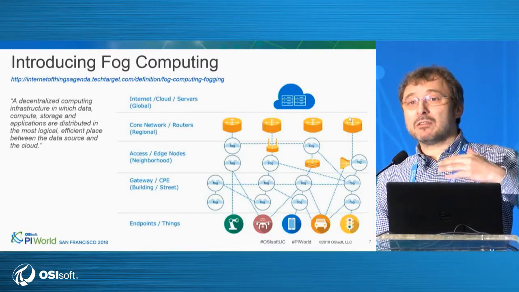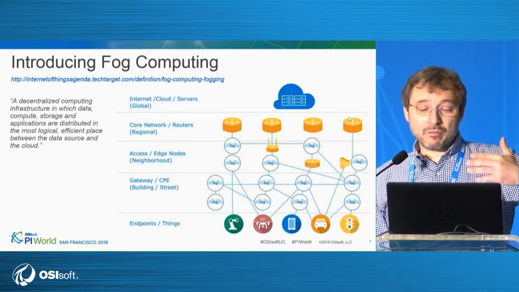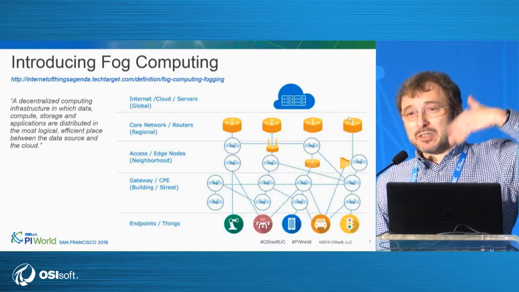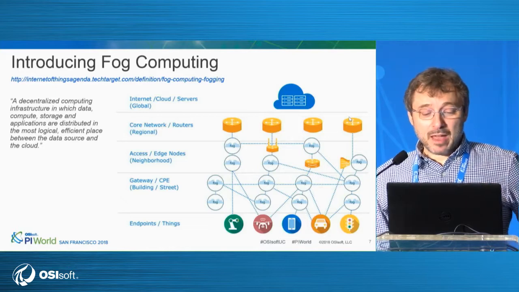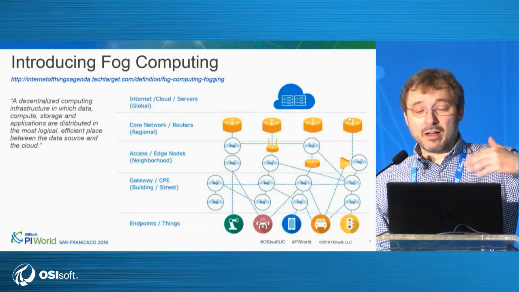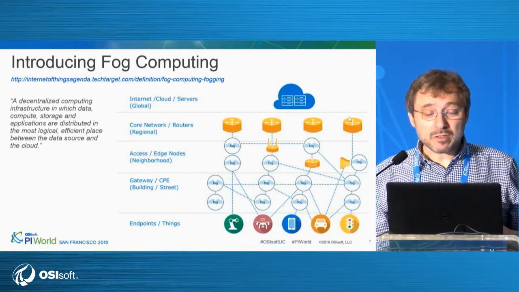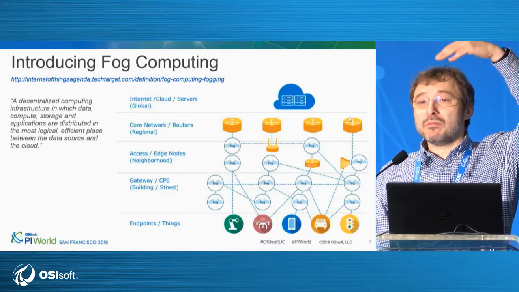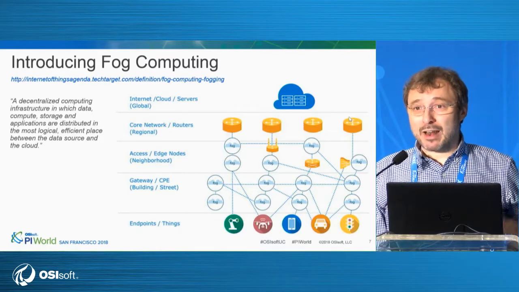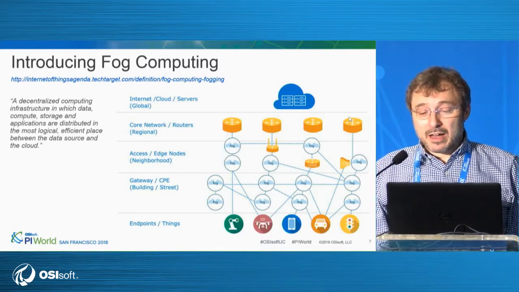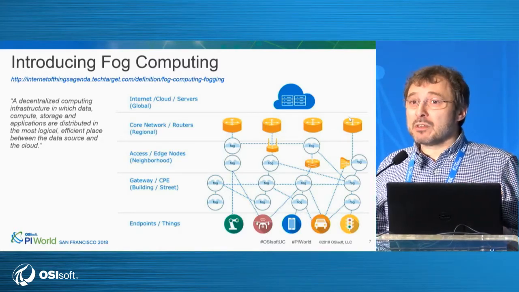But you may also need to send this data or this information up, as we say, up north, to middle layers where we have gateways or maybe more sophisticated nodes, going up to bigger data centers or to the cloud where we have cloud servers. And this is basically what fog computing describes.